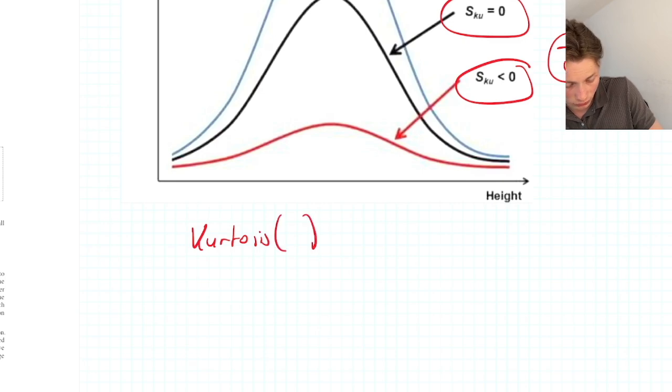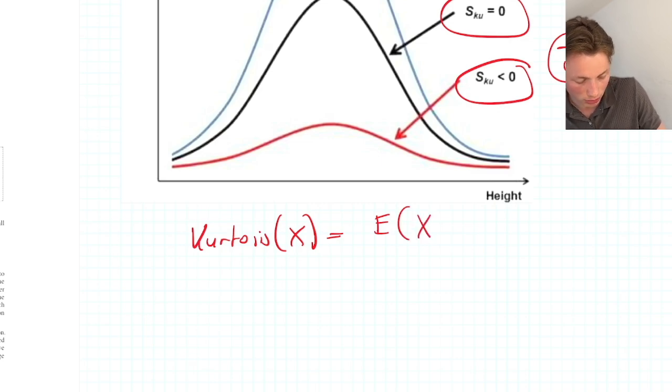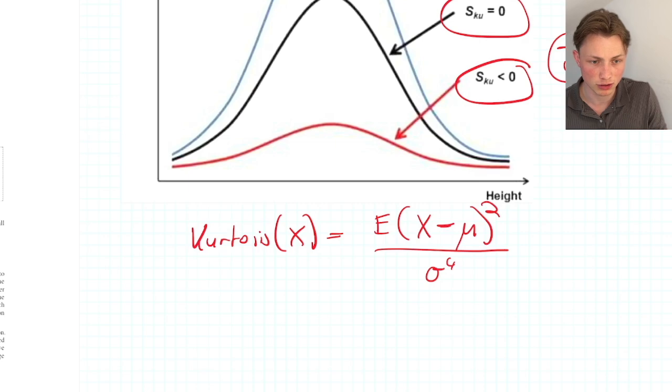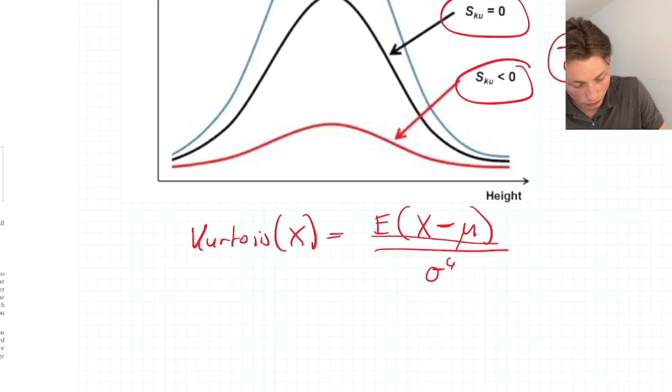It's like this: we have a random variable x, and then we have the expectation of our random variable x minus the mean that we calculated before, and we divide by the standard deviation to the power of 4. This would be like the normal standard deviation, but now we are not using the power of 2, but instead we use the power of 4.